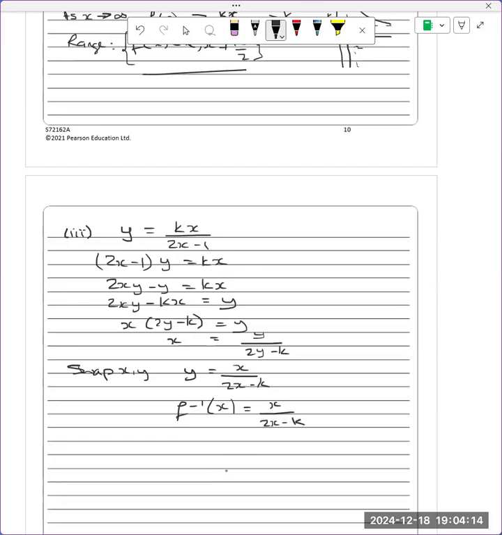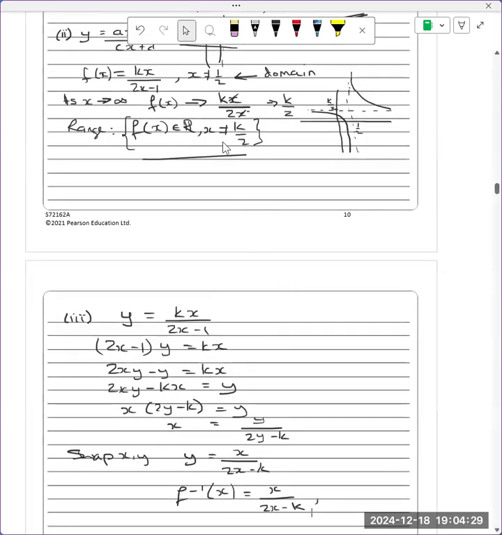But there is one caveat, because, as I said, a function is not properly defined unless you also state the domain. And the domain of an inverse function is the same values as the range of the original function. And the range was, sorry, this is f of x, not x. So f of x is not equal to k over 2.